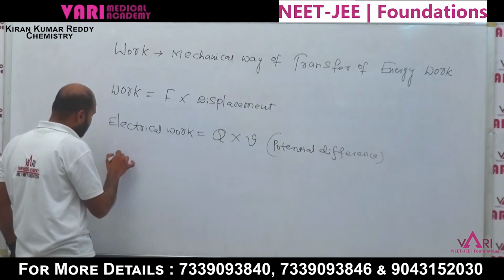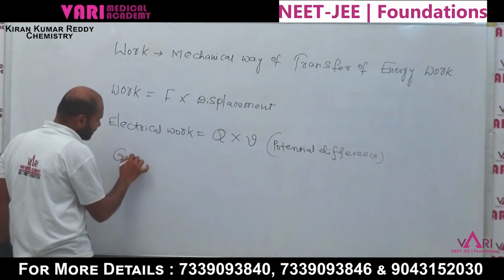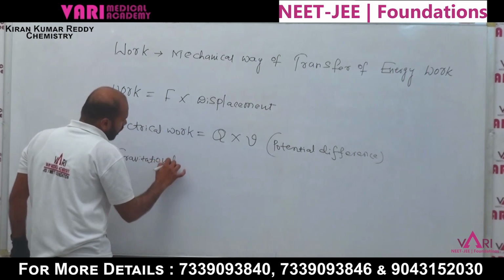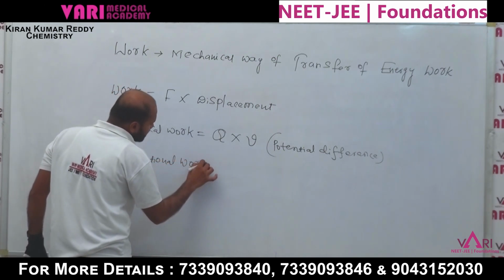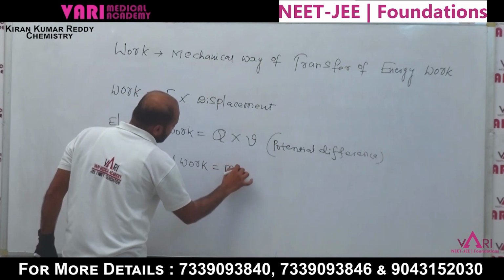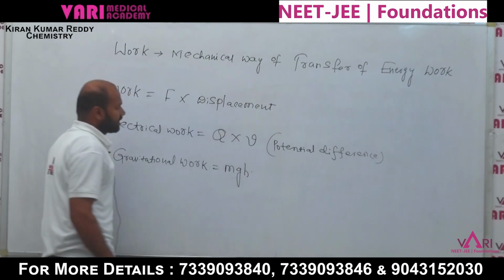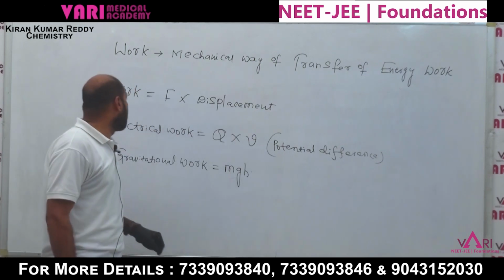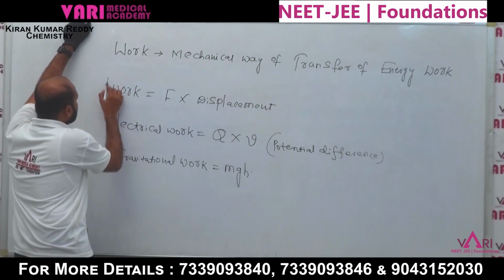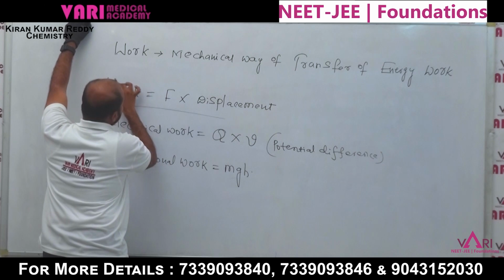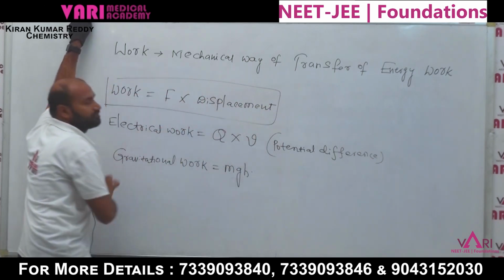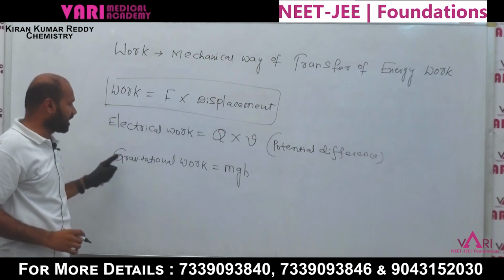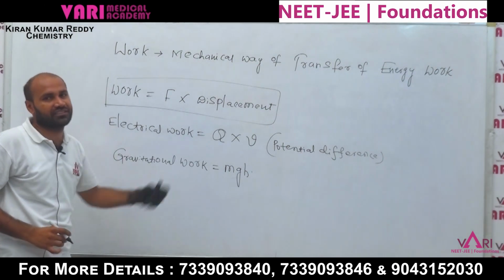Next, also in physics, gravitational work, that is mgh. We can remember gravitational work as mgh. For chemistry purposes, we have to remember work is equal to force into displacement. Electrical work and gravitational work are used in physics.